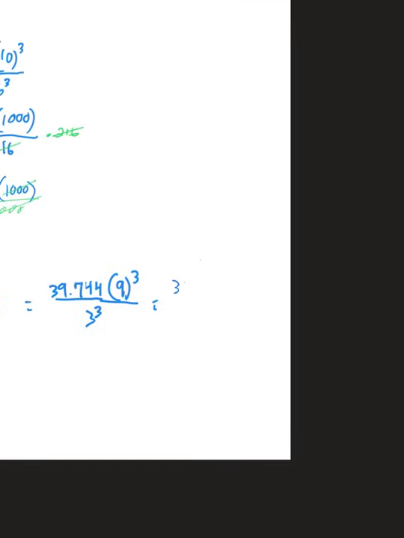So we've got 39.744 times 729 divided by 27. And you should be able to do all that on a calculator in one go. And that should come out to 1,073.088, rounding to the nearest hundredth. So it looks like that 8 is going to go up to 9.